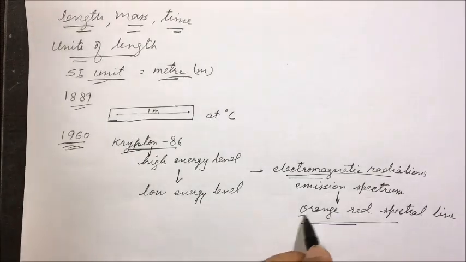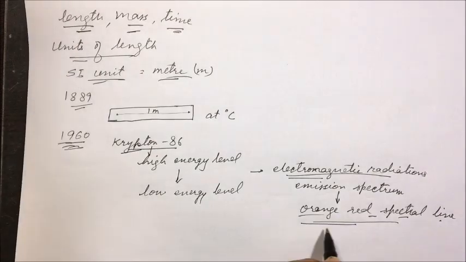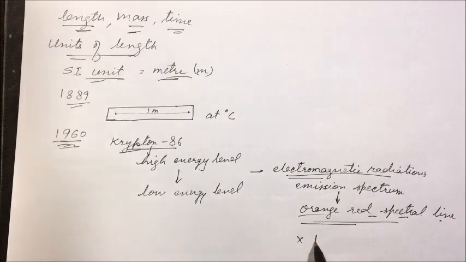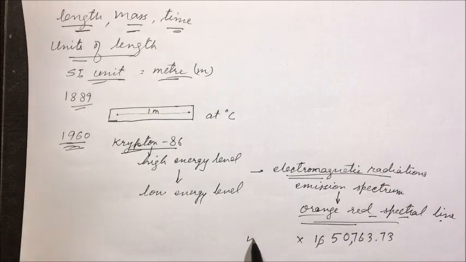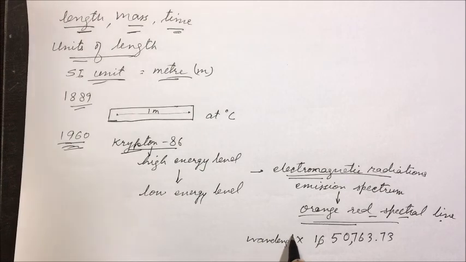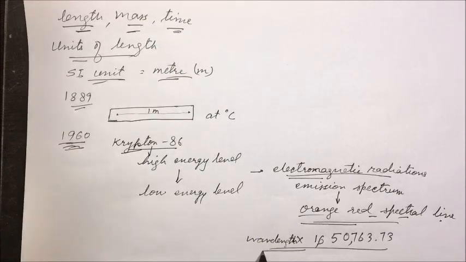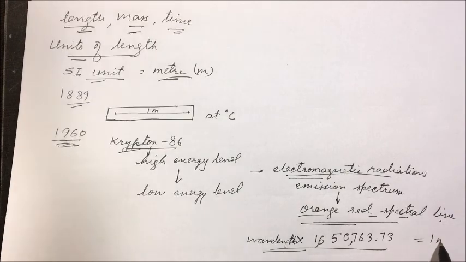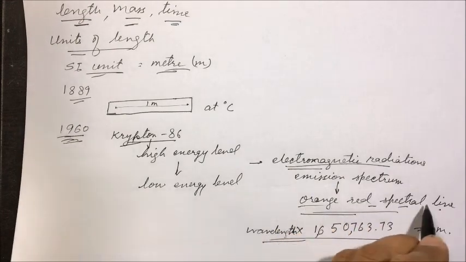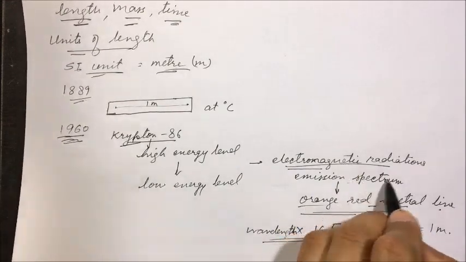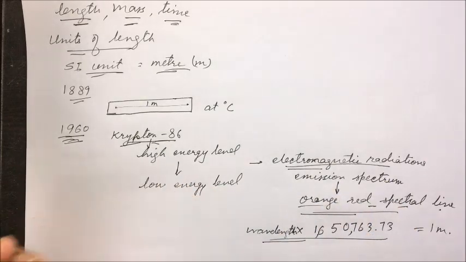The wavelength of this orange red spectral line was taken and multiplied with 1650763.73, and this distance was defined as 1 meter. So this number was multiplied with the wavelength of the orange red spectral line, which was one line in the emission spectrum of krypton 86.